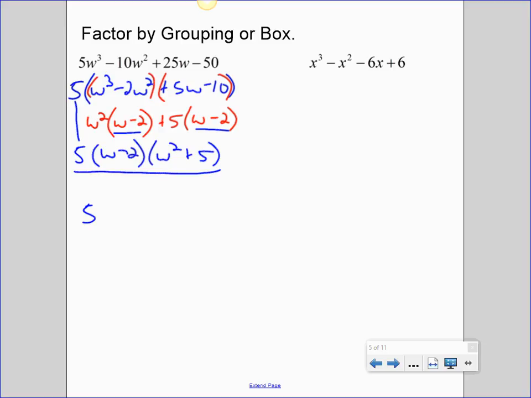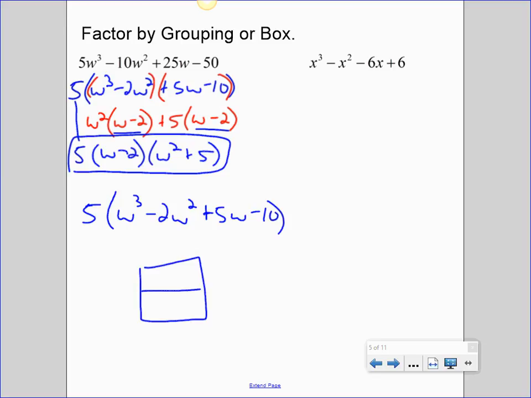So I'd have the 5, and then I'd have w to the third minus 2w squared plus 5w minus 10. Okay, if I looked at the box method from here, what would I be putting in the boxes? I'd be putting in w to the third, minus 2w squared, 5w, and minus 10.